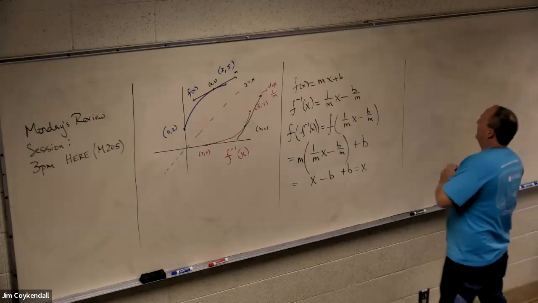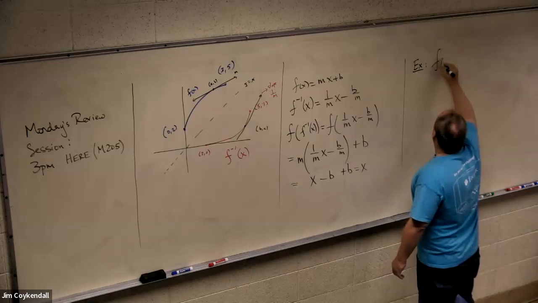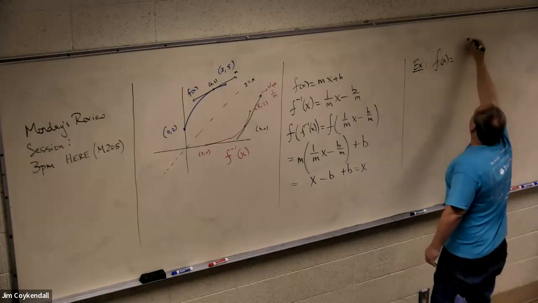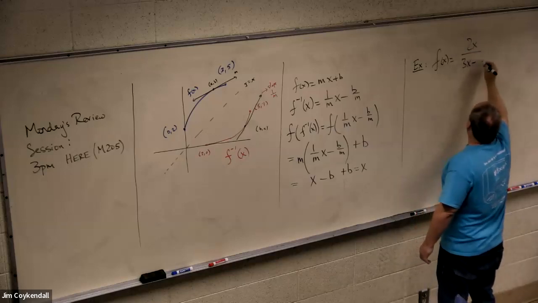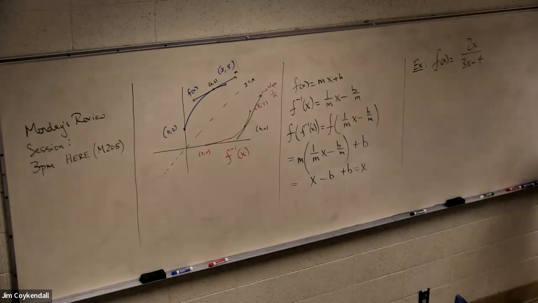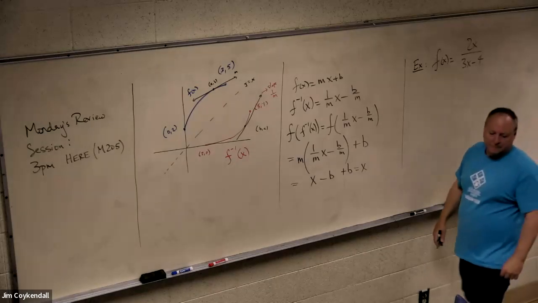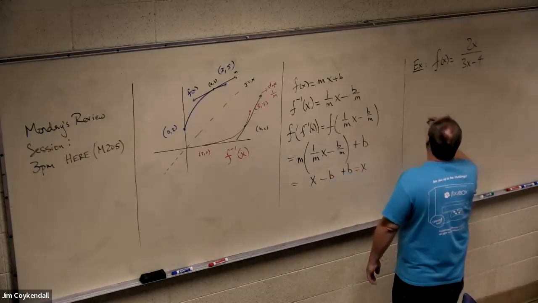How about this? 2x over 3x minus something. By the way, you must check this out.